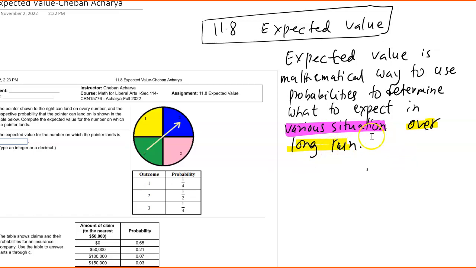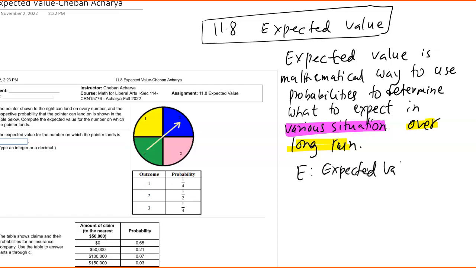In other words, these include insurance, games, and business. We can use the symbol E for expected value.